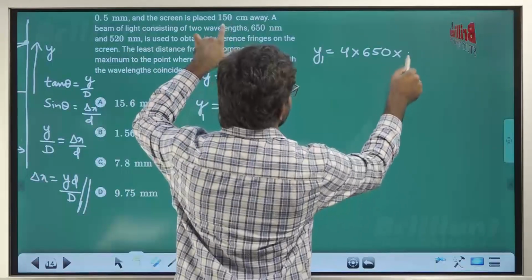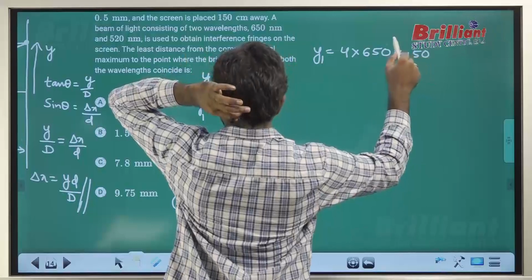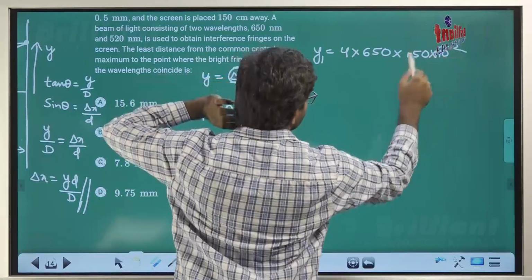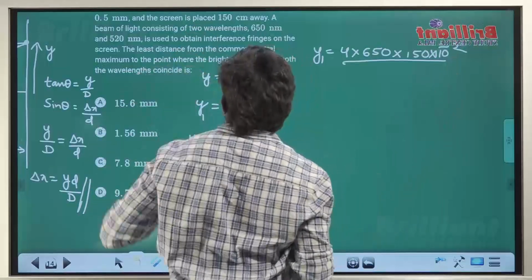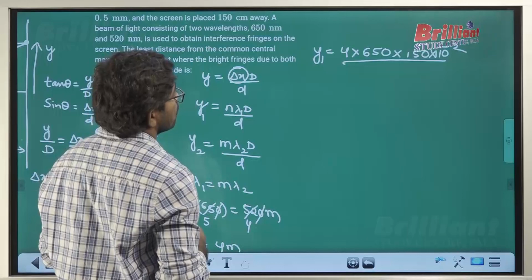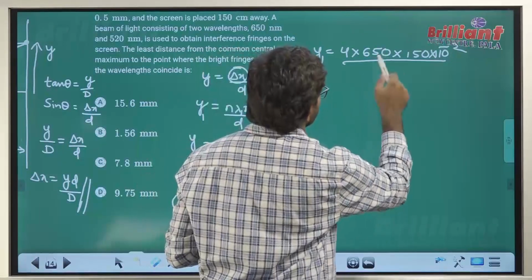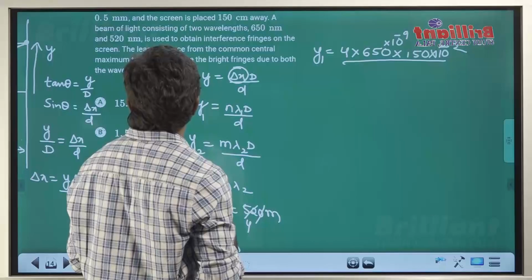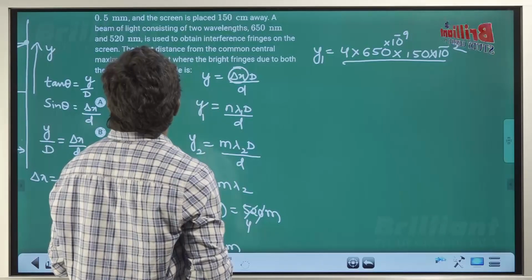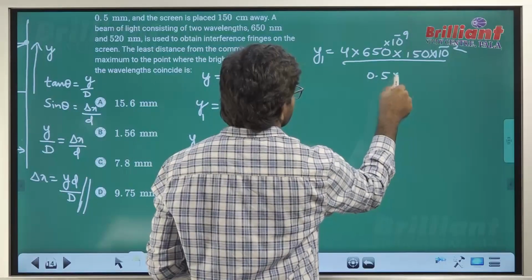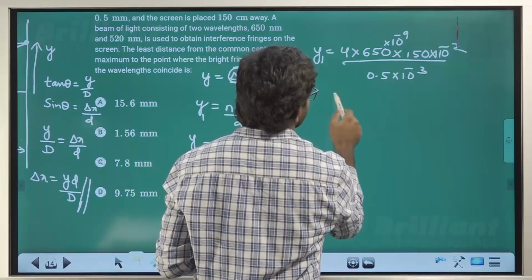Capital D is 150 centimeters, so 10 power minus 2. 650 nanometer means 10 power minus 9 meters. Then small d is 0.5 mm, which means 10 power minus 3.